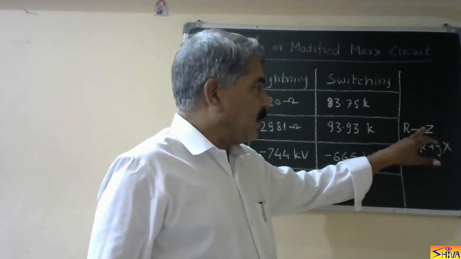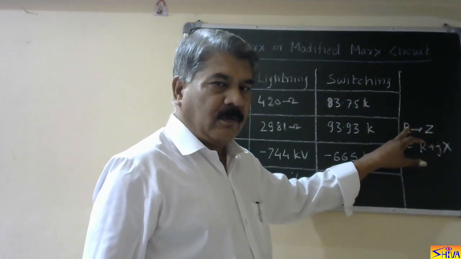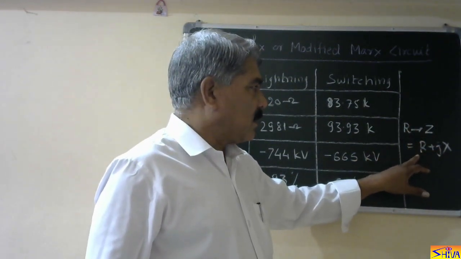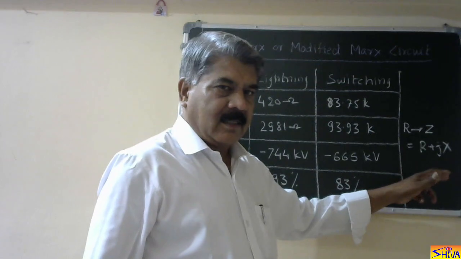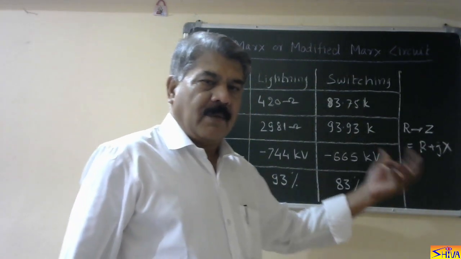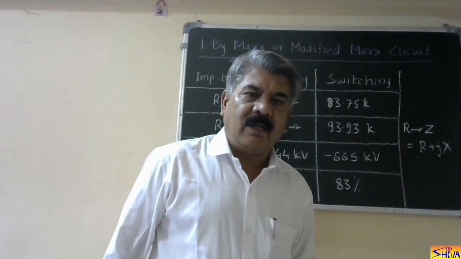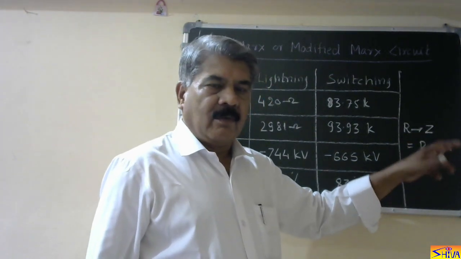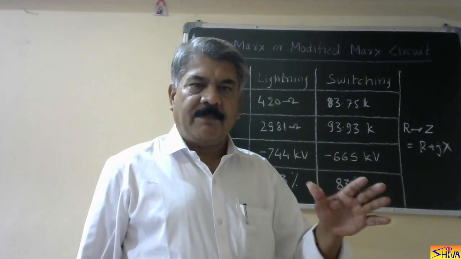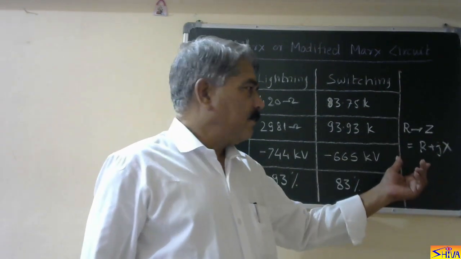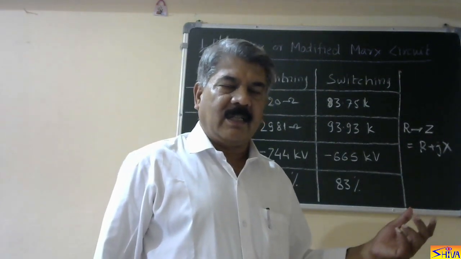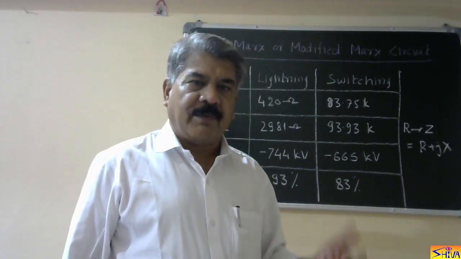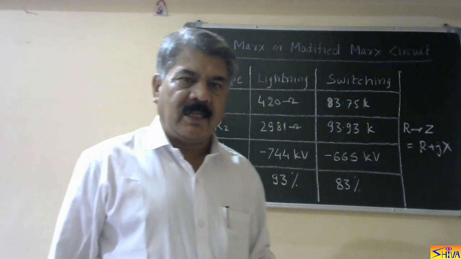Similarly, Z2 will be magnitude wise the same as R2, but it will consist of resistance and reactance. So the efficiency will increase and peak value will also increase. But due to presence of this inductive reactance, we will observe oscillations in the waveform. Therefore, this method for generating the switching impulse is not preferred. Now let us see what is the other method.